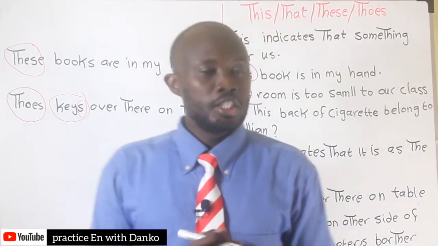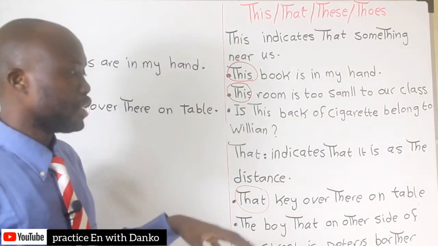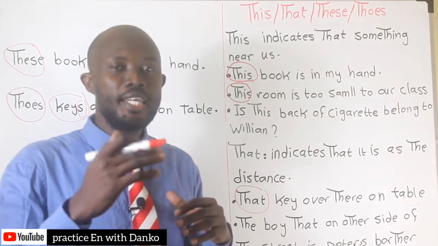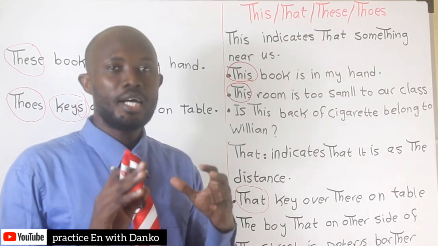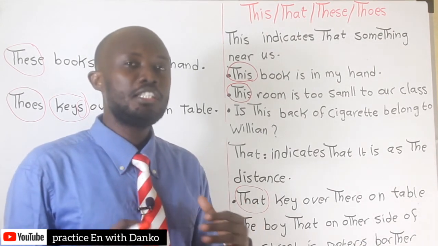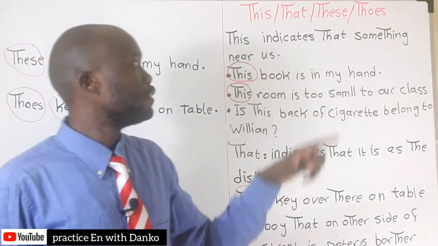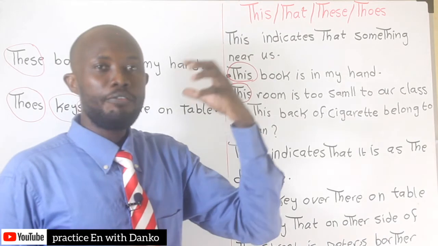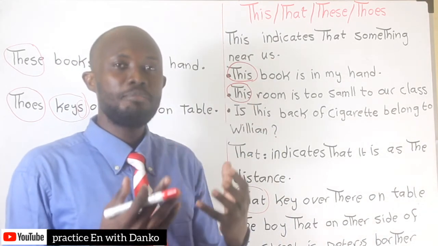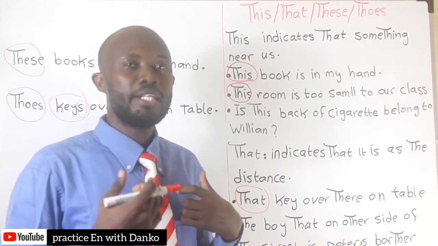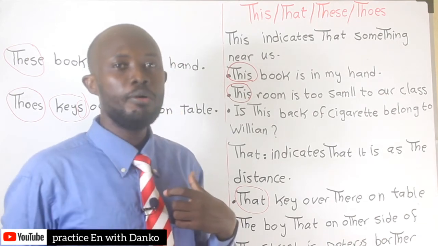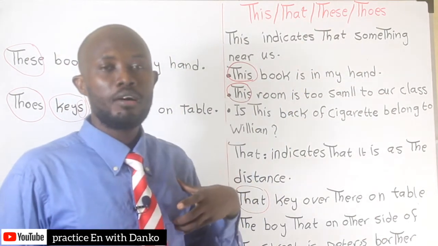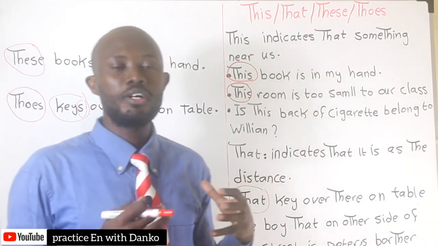Okay, so the conclusions of our lesson: be careful if you want to indicate something that is singular and near you, please use this. Or if you want to indicate something singular, but it is far away from you, please use that. Alright, so this is singular.